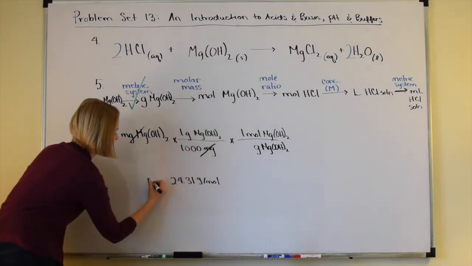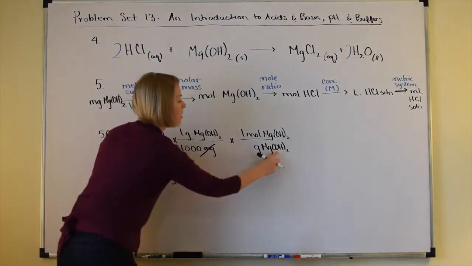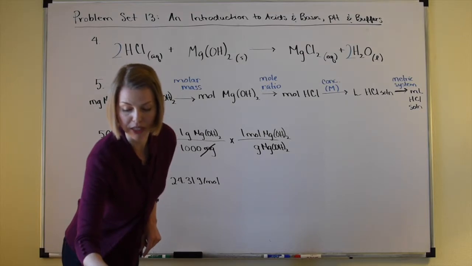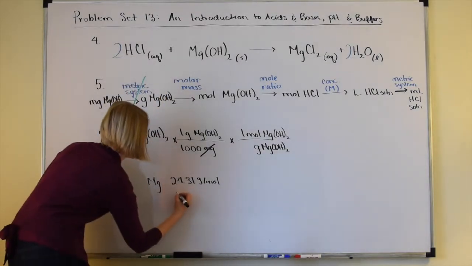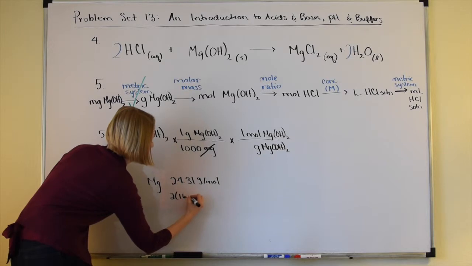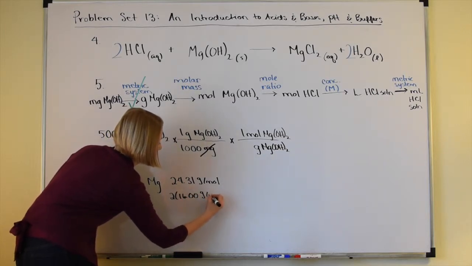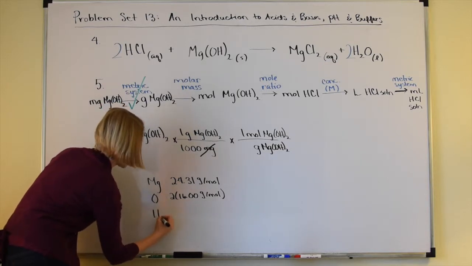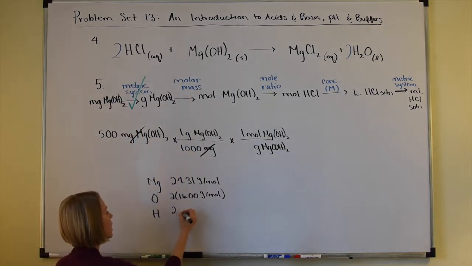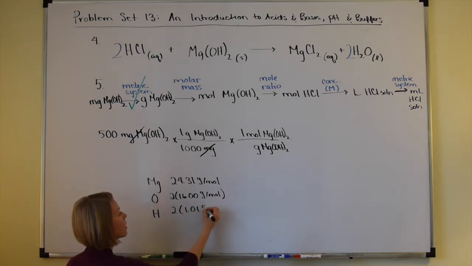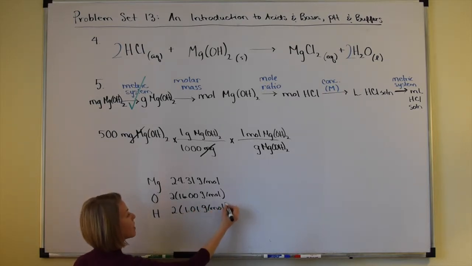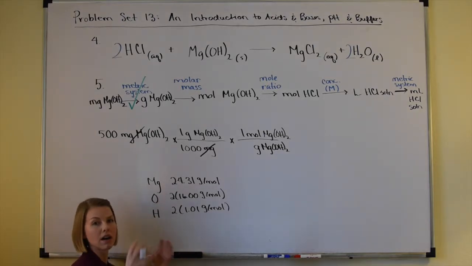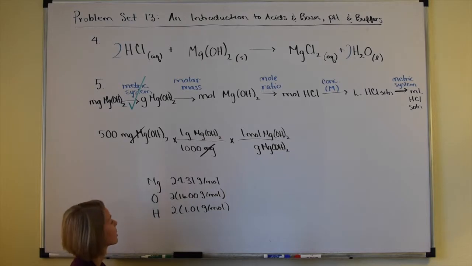That's for the 1 magnesium, but that's not it. There's also 2 moles of oxygen. So for the 2 moles of oxygen, it's going to be 2 times 16.00 grams per mole. That's for the oxygen. And then for the hydrogen, it's going to be 2 times 1.01 grams per mole. Again, times 2 because there are 2 of them in 1 mole of magnesium hydroxide formula units.